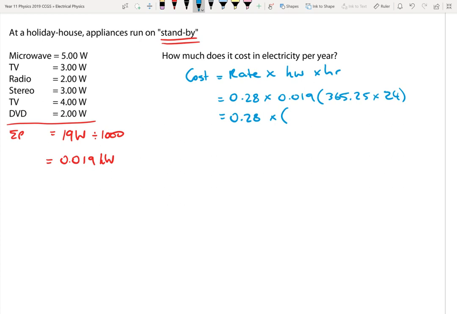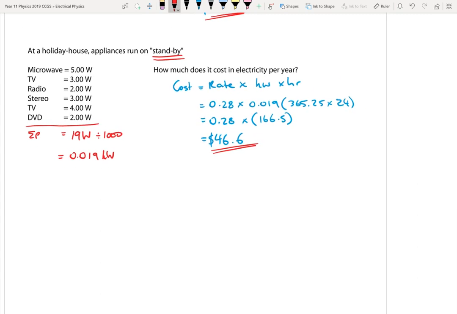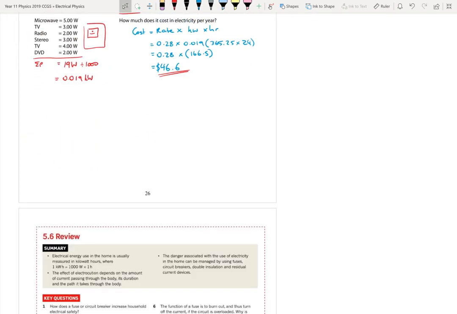We get 166.5 kilowatt hours, and then we have to pay $46.6. So obviously it would pay to basically switch off at the wall. That's a picture of a switch. Turn off the power at the wall or at the circuit board to prevent you losing $46 every year.